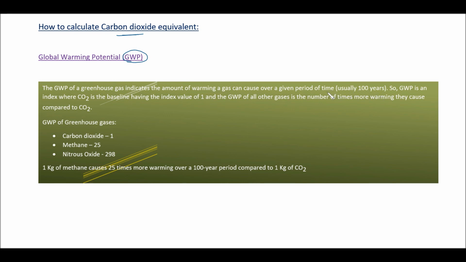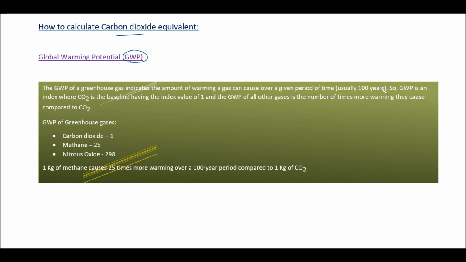Like we noticed earlier, there are two factors for each of the greenhouse gases: one is the amount of warming, and the second is the time period for which it stays in the atmosphere. GWP has made this time period 100 years. So if we take each gas over around 100 years, how much warming can it cause? So we are moving towards standardization.